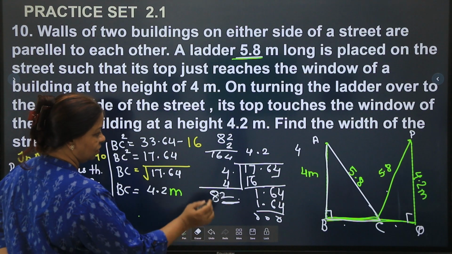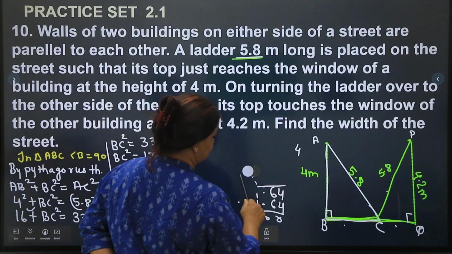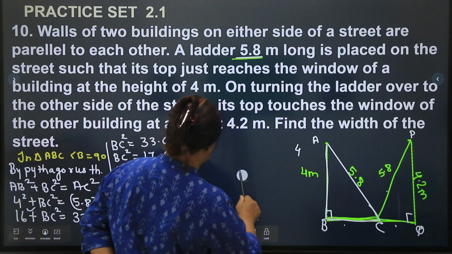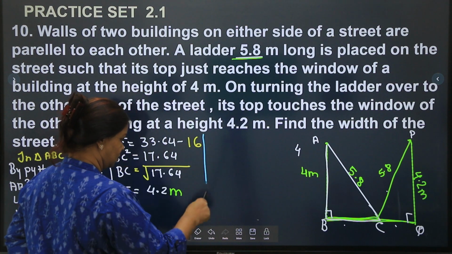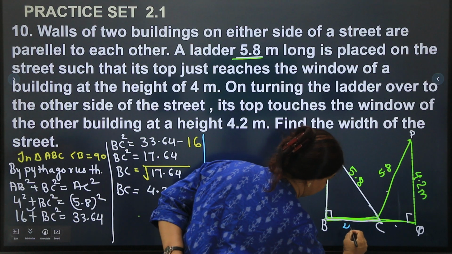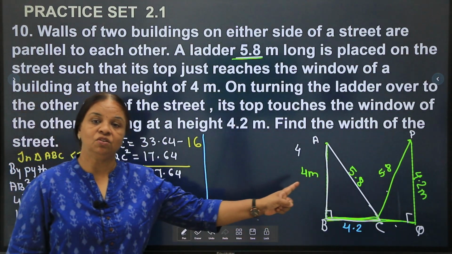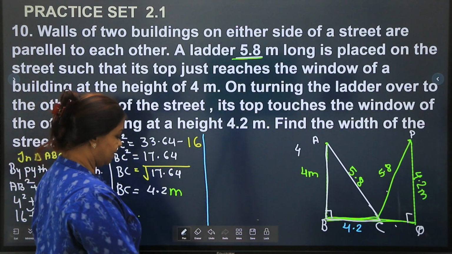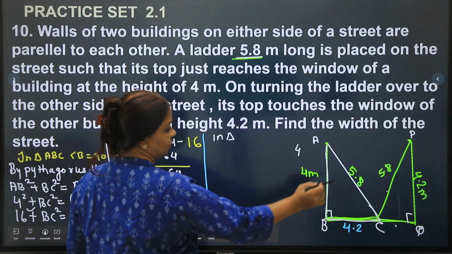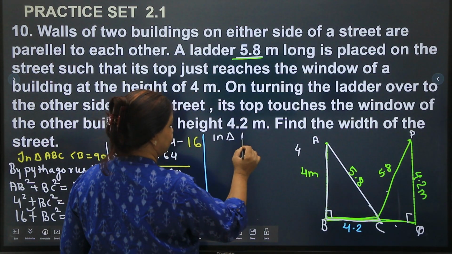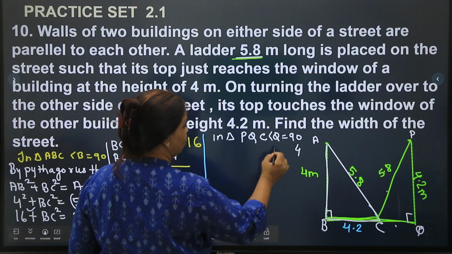We got 4.2 for this value. Now we want to find out CQ. For finding the value of CQ, you will have to take triangle PQC. In triangle PQC, angle Q is equal to 90 degrees.